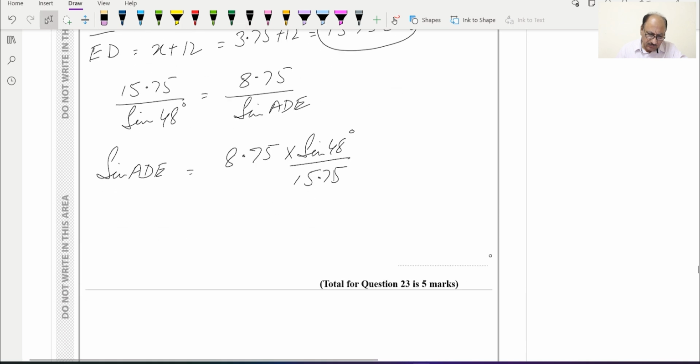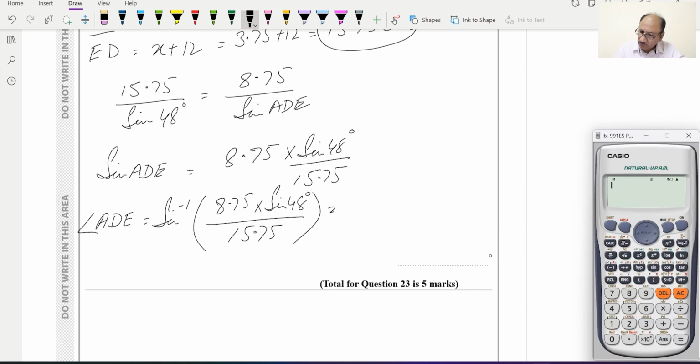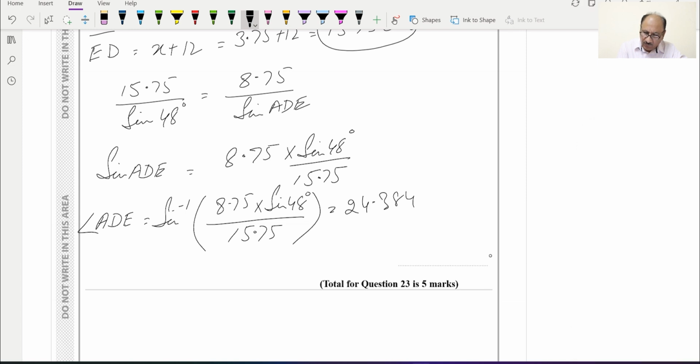Further, angle ADE will be equal to sine inverse of 8.75 into sine of 48 degrees divided by 15.75, and this is equal to 24.3845.